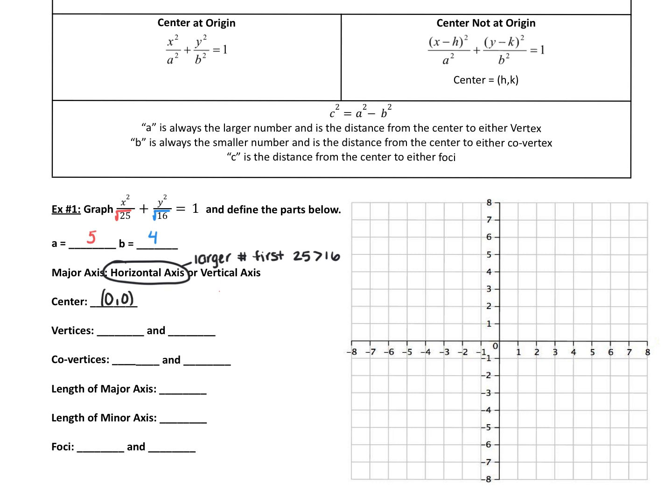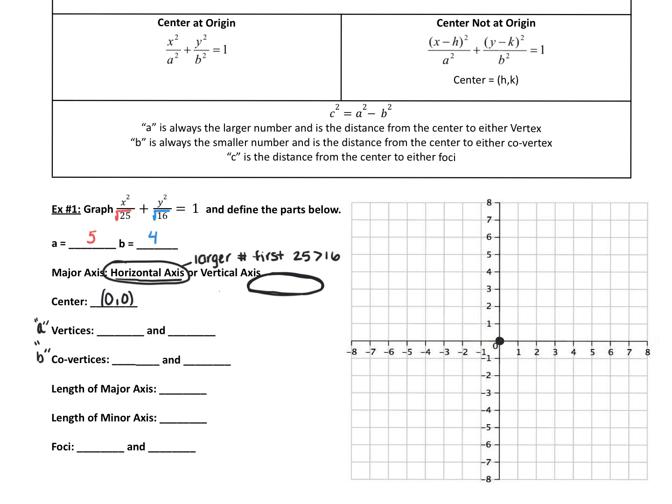Now, vertices are on the major axis, and those are the a values. The covertices are on the minor axis, and these are the b values. So I want you to think vertices a, covertices b. So first I'm going to plot the center. So the center is 0, 0. And since we know that this is a horizontal major axis, we know it's going to look like an oval like this, opening horizontally.